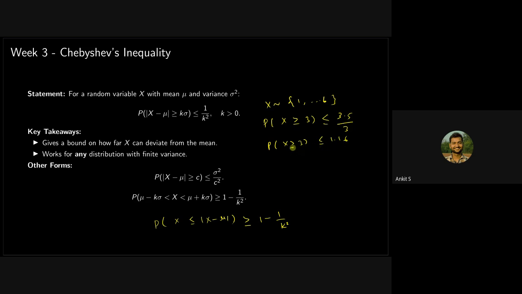It is giving an upper bound that it will not be greater than this. Now let's calculate the exact probability. Its exact probability will be 4 by 6. No, it will be 1 by 2, right?